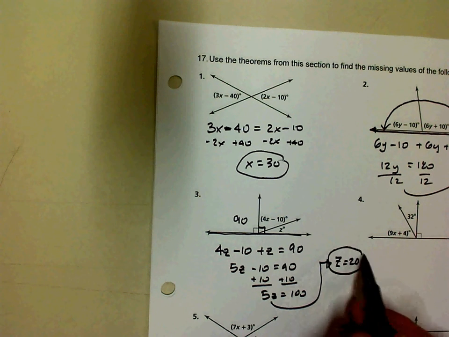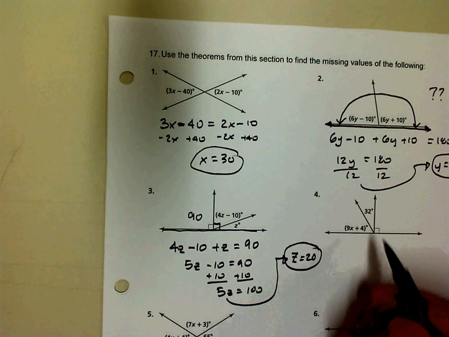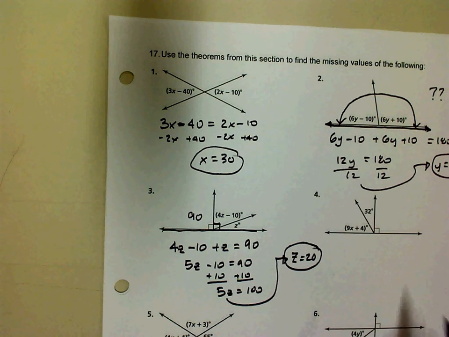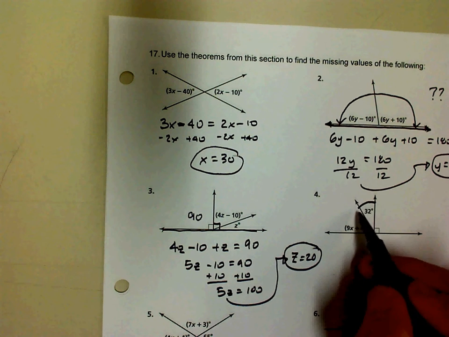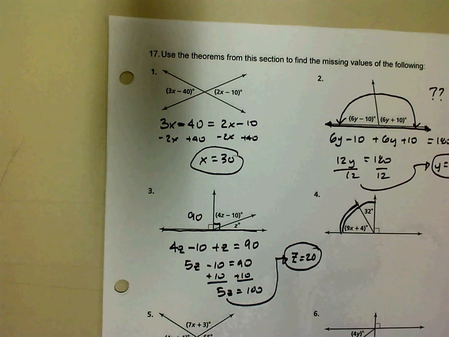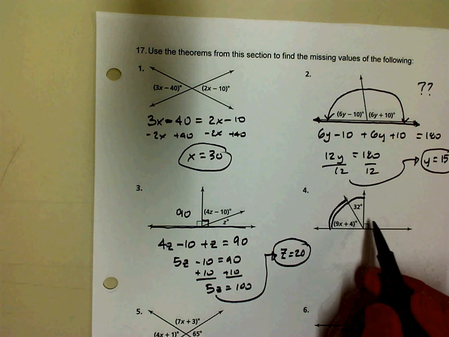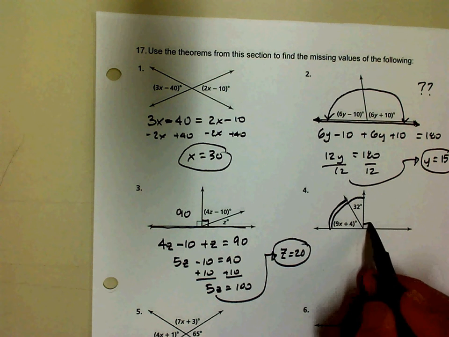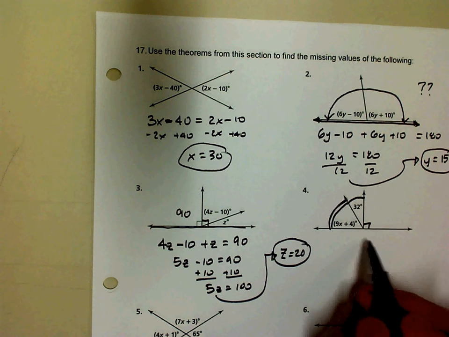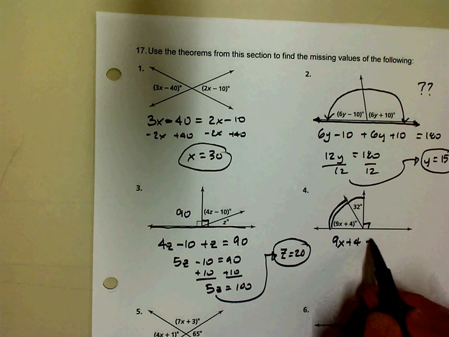Next one, similar to that. Please notice, these two are not equal to each other. I'm not going to set these equal to each other. There's nothing in here that tells us that they are equal to each other. Okay? So, 90 here, their sum is going to be 90. So we'll start with 9x plus 4 plus the second angle, 32, will equal 90 degrees.